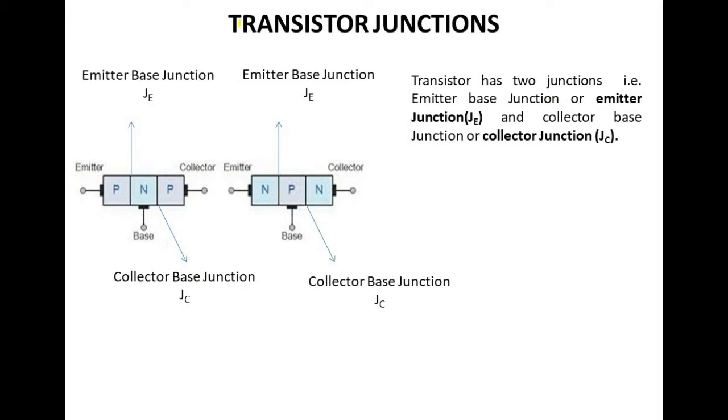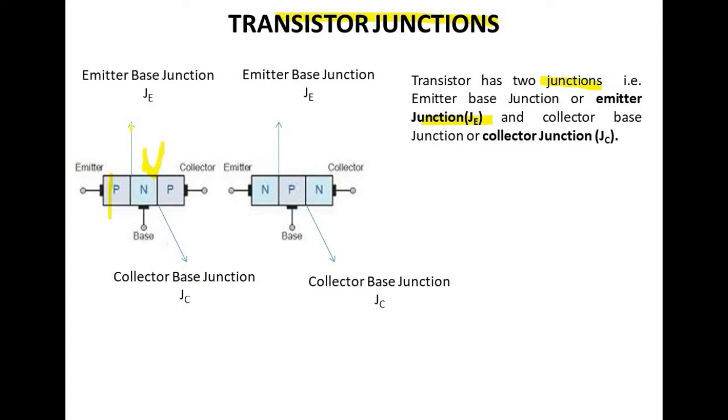Now we will study the transistor junctions. Here we see that transistor has two junctions: the emitter base junction, or emitter junction, which is also called JE, and the collector base junction, or collector junction, which is called JC.